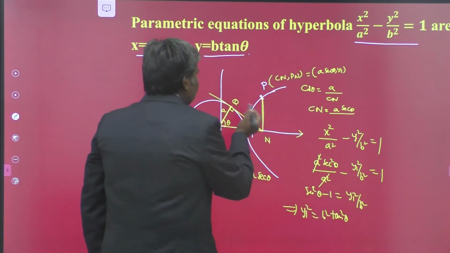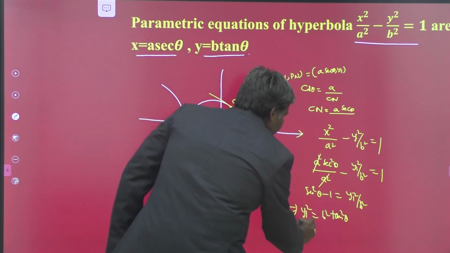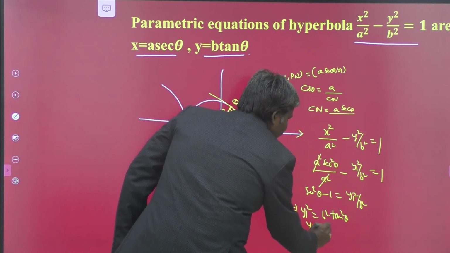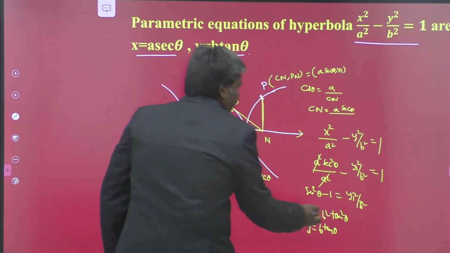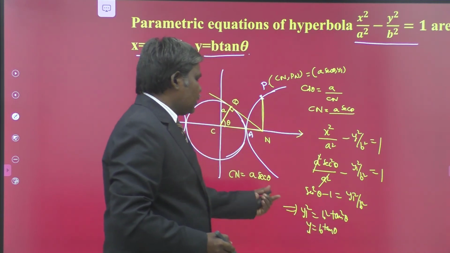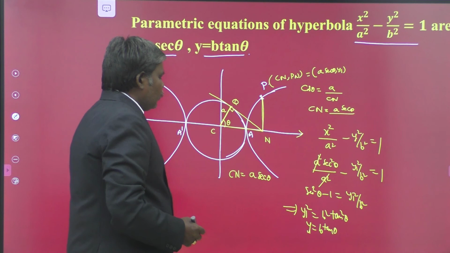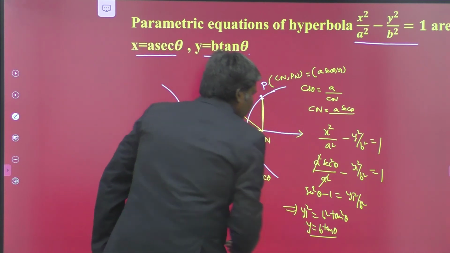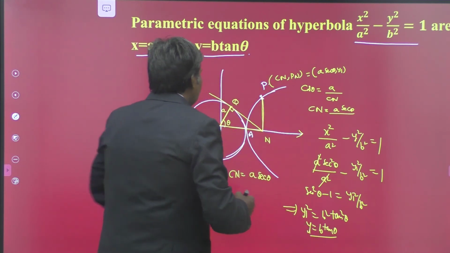Theta is varying from 0 to 2 pi. So we take y equals y1 equals b tan theta. This value may be plus or minus depending upon the quadrant of theta, that is b tan theta. Okay. So y equals b tan theta, x equals a secant theta.